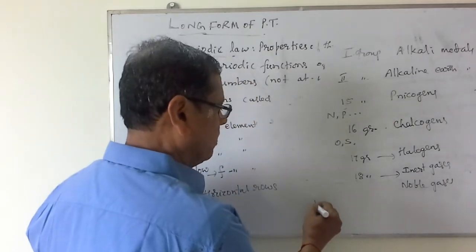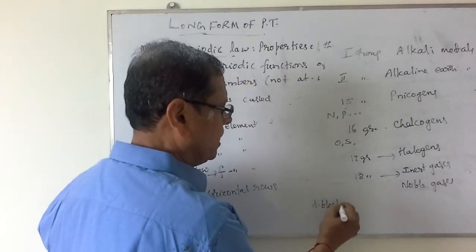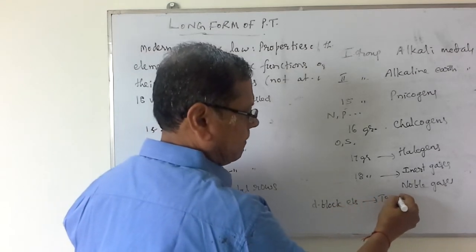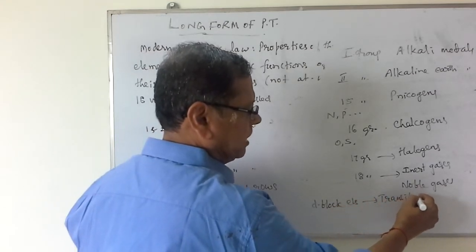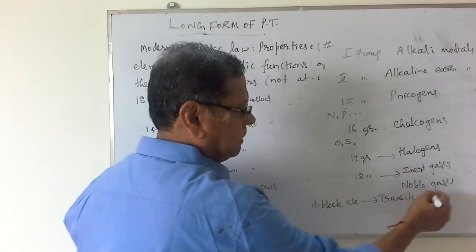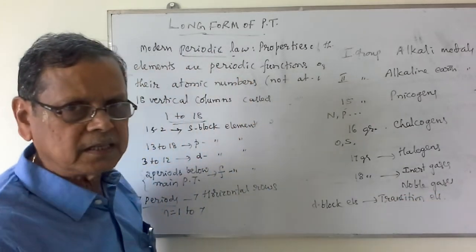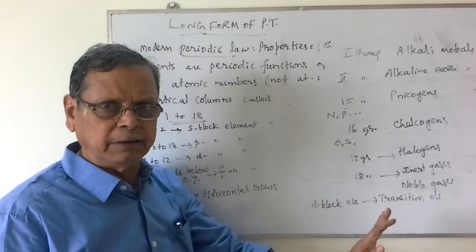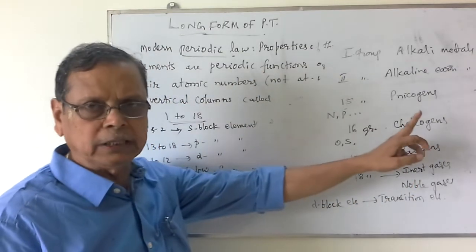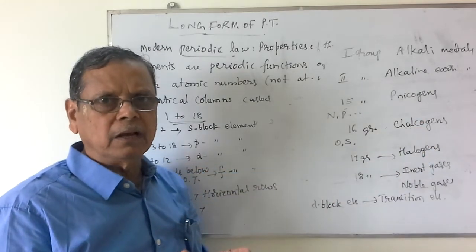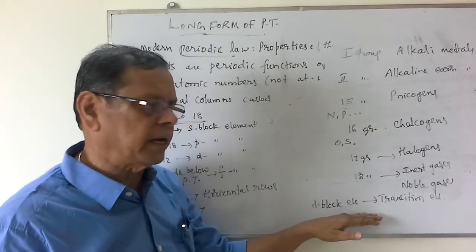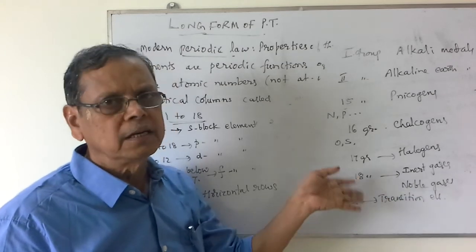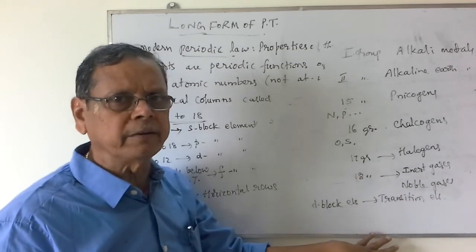Then D block elements are named the transition elements. These are named the transition elements because when we move from left to right in the periodic table, from the first group to the 18th group, in the middle we come across elements where some show properties of metals and some show properties of non-metals.